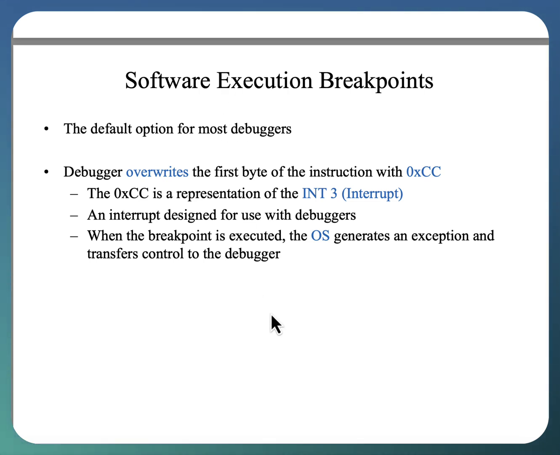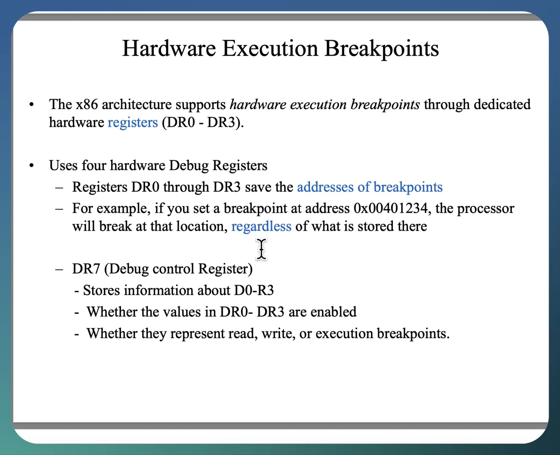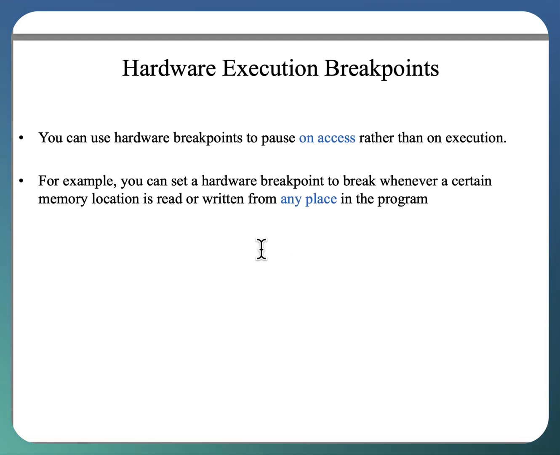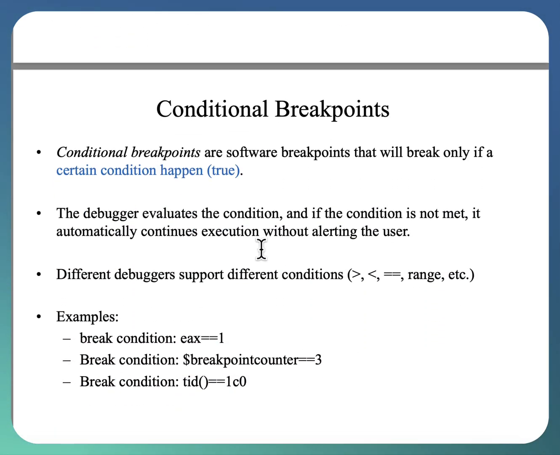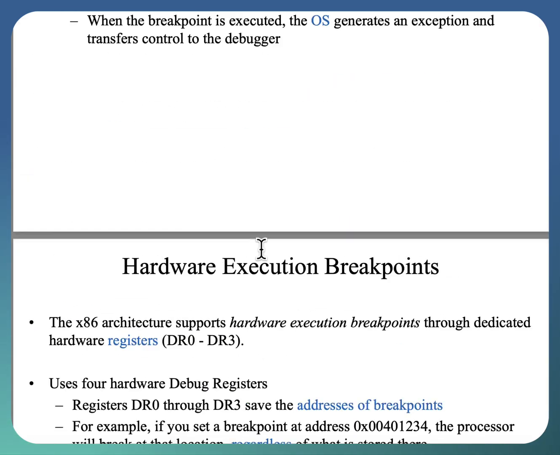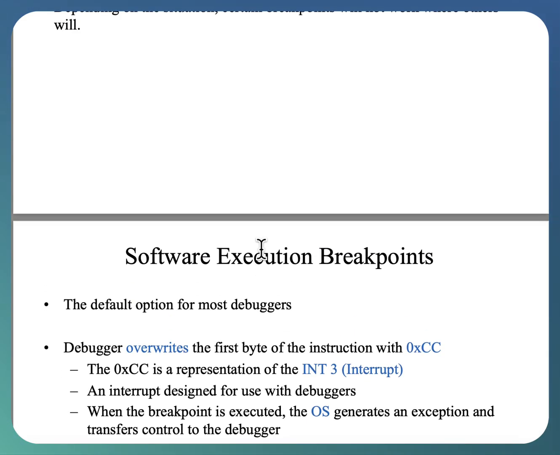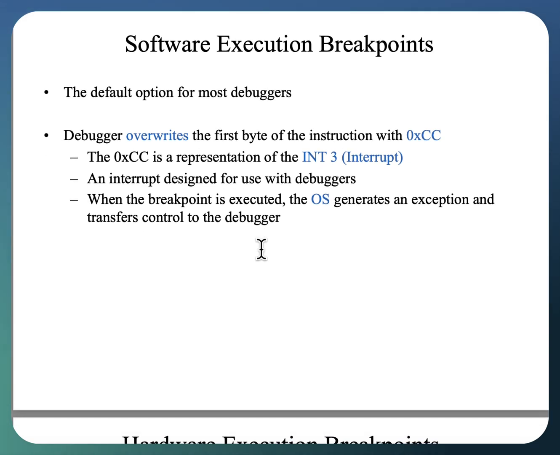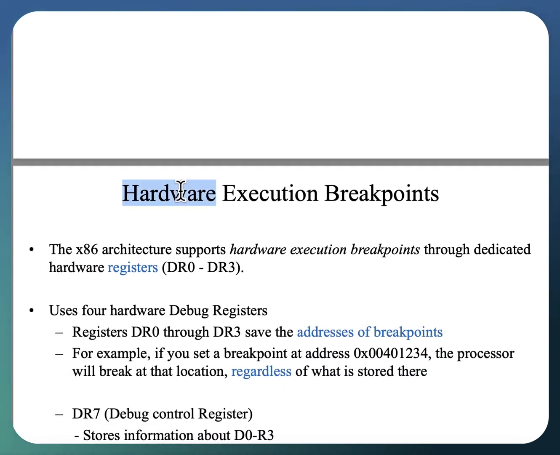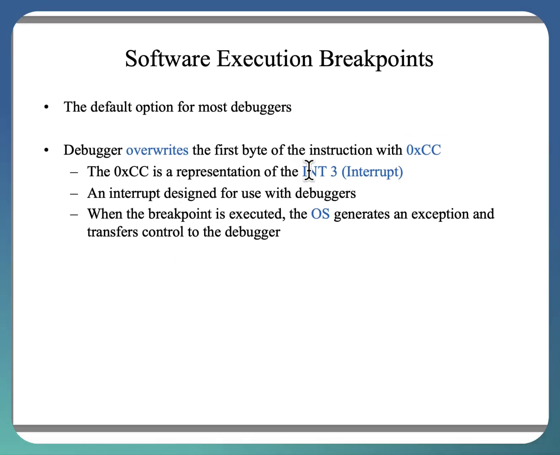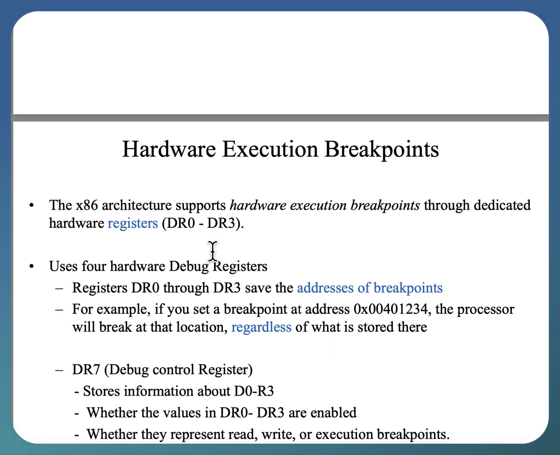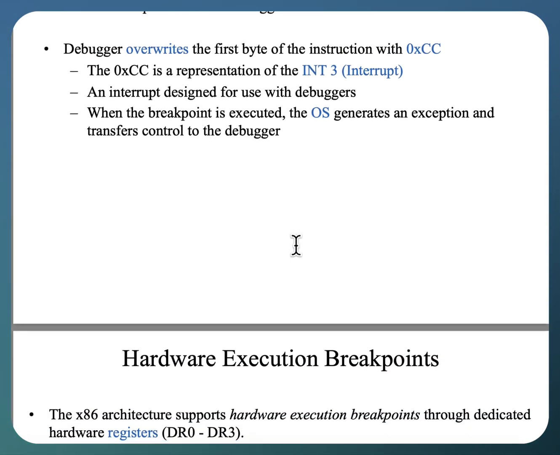So again: software execution breakpoints, hardware execution breakpoints, and conditional breakpoints. Now, the way that debuggers differentiate or allow you to use a software breakpoint or a hardware breakpoint is by using instructions or hardware registers. But this is not something to worry about at this moment.